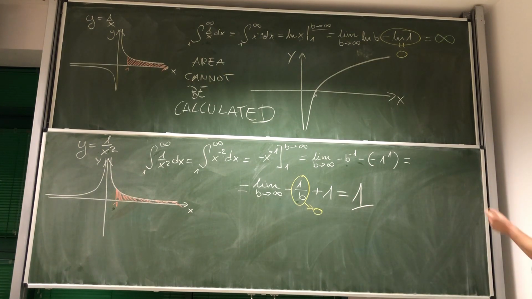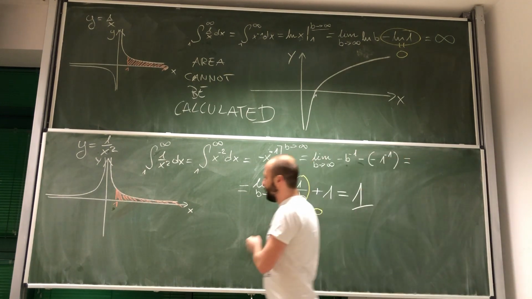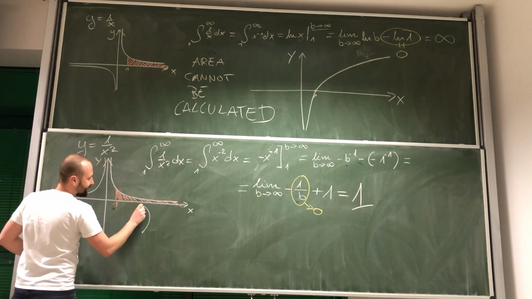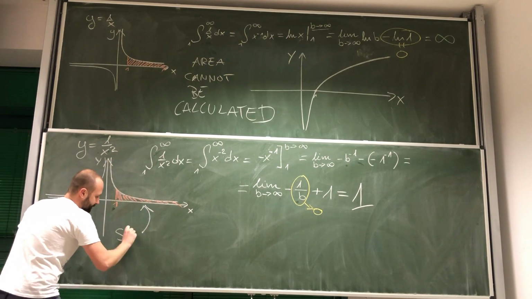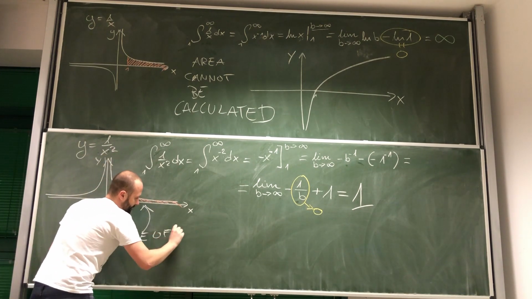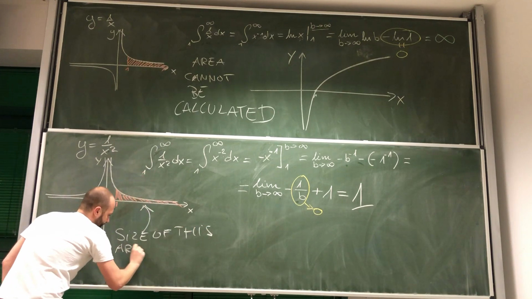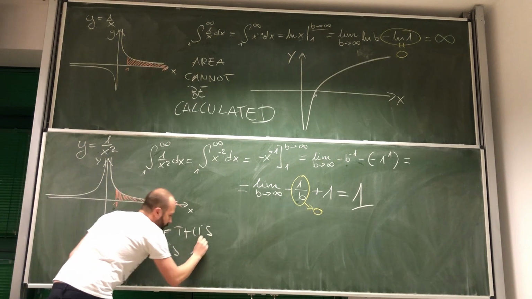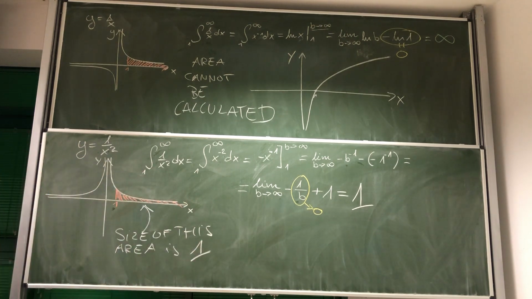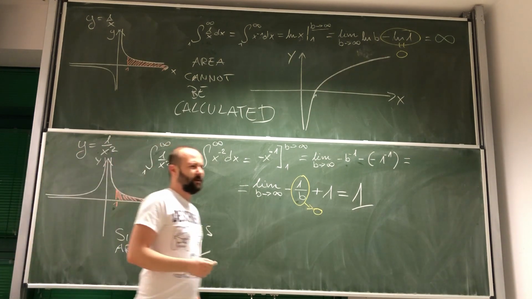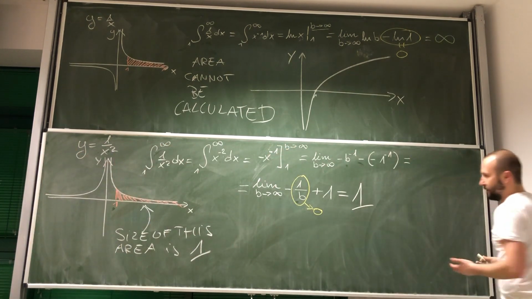So look, this time it turned out that the size of this area is 1. And now the question would be, how is that possible?